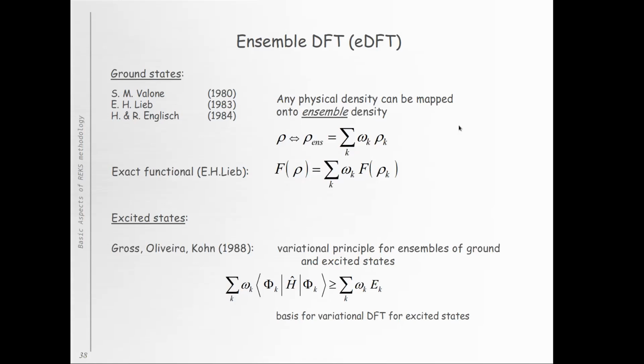But fermions are different. Any physical density of fermions, of electrons, can be mapped onto an ensemble density. Ensemble density is simply an average, with some coefficients, of the densities of the components of the ensemble. So far, this is a very formal statement.